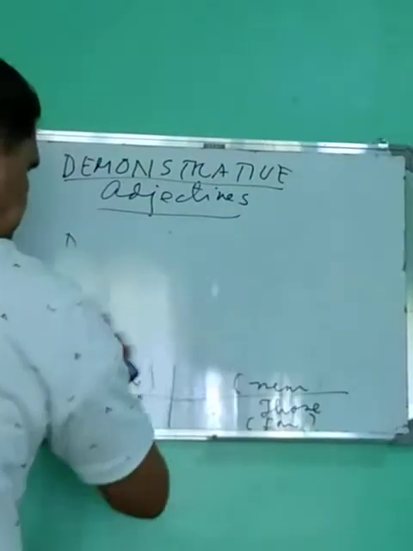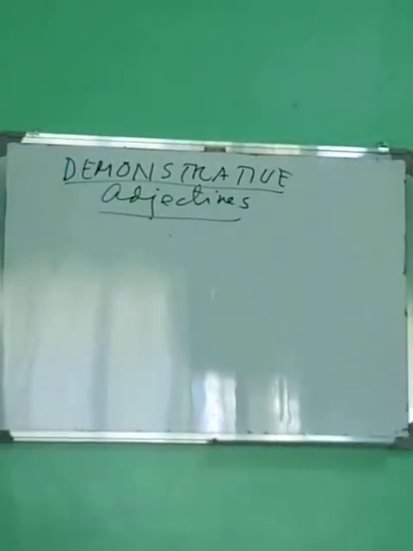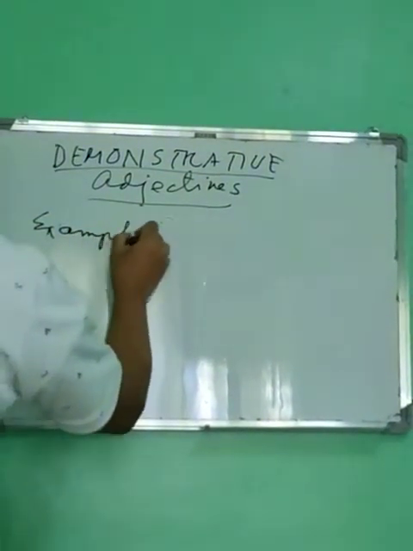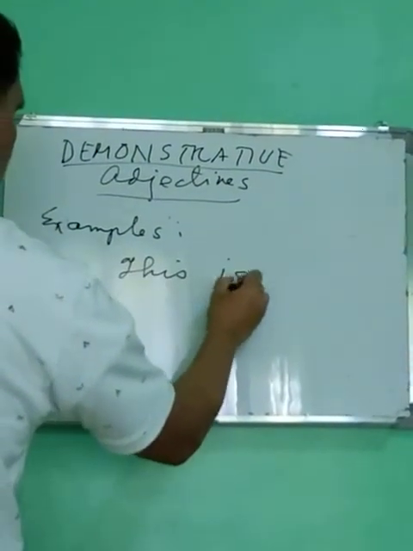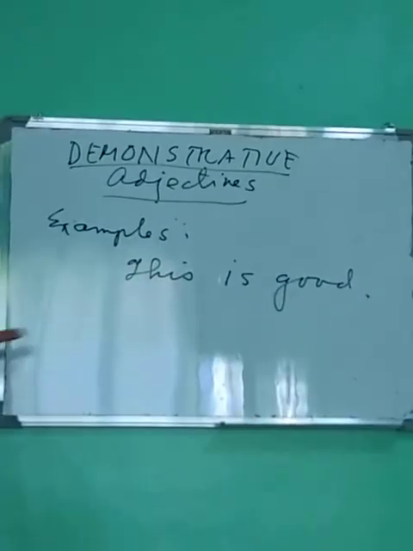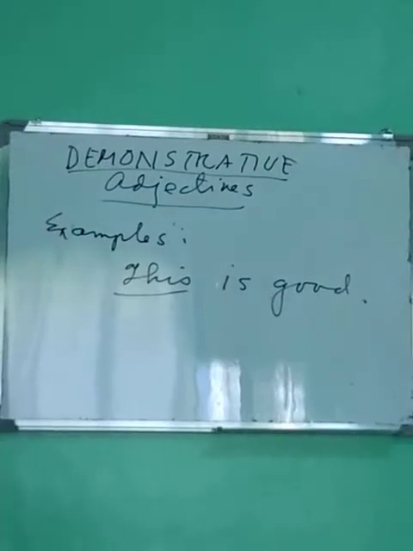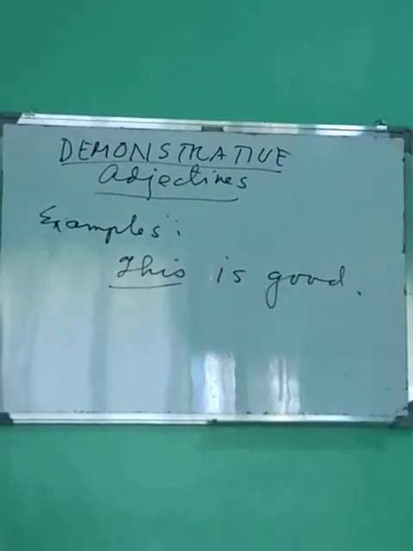Examples. This is good. The word this, how was it used? Is it a demonstrative adjective or a demonstrative pronoun?